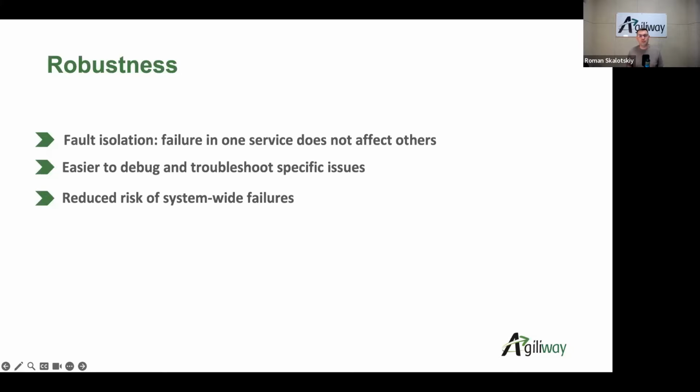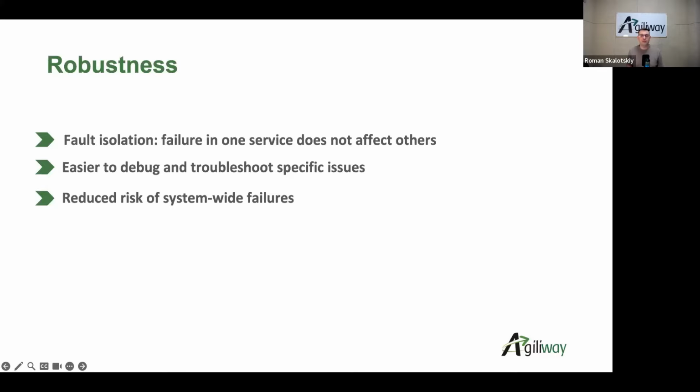This modular approach also facilitates continuous integration and deployment, improving the overall system reliability. For example, it can be isolating the issue in the user authentication service.